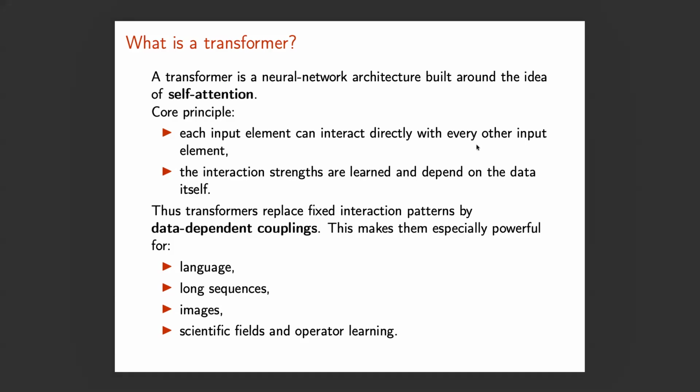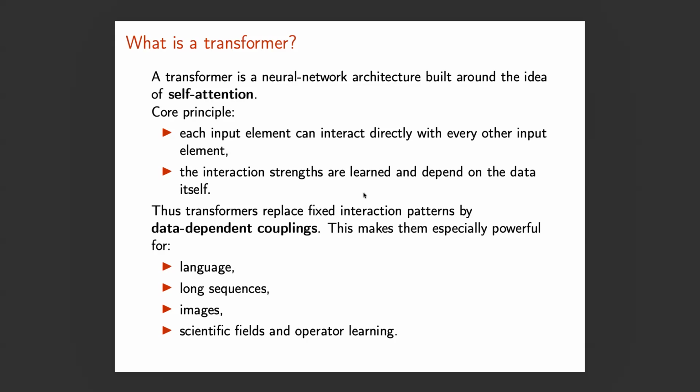If you go back to this physics-based example, the Ising model is a typical example where you have input nodes which do interact, and you want to have this kind of information in it. The interaction strengths are learned and depend on the data itself. So that means that the transformer is ideal to use if you, for instance, want to fit some forces which act on the system.